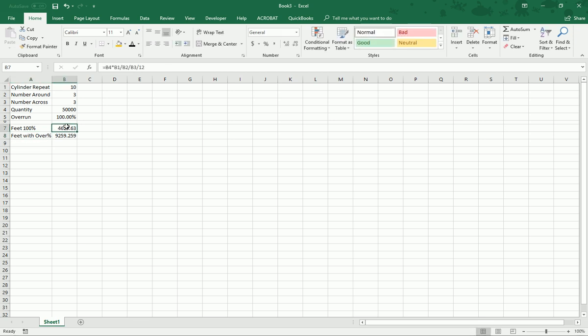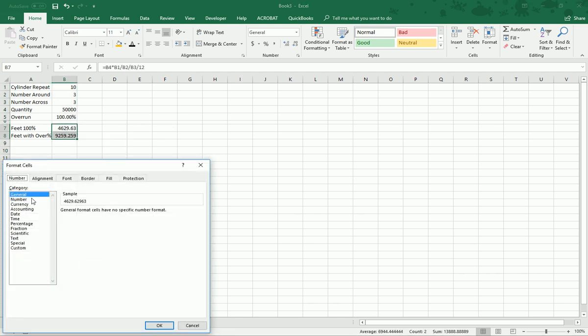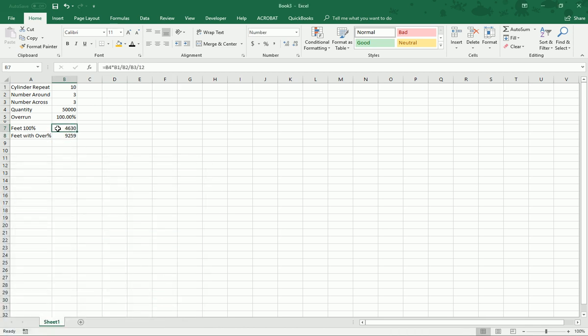And we don't have to have these formulated with decimal places. So we'll just format those cells as a number with no decimal places. And now we have, let's do 10% overrun. That makes more sense. And we have, to do this job, to do the overrun, 5,093. To do it just 100%, 4630.